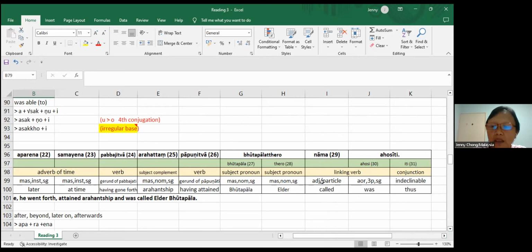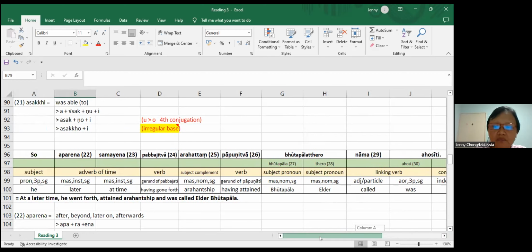So nama in Pali grammar is an adjective or a particle, and ahosi is the verb, past tense third person singular. So iti is a conjunction which is indeclinable in Pali, meaning thus. So the whole sentence translated as: at a later time he went forth, attained arahantship, and was called Elder Buddha Pala.